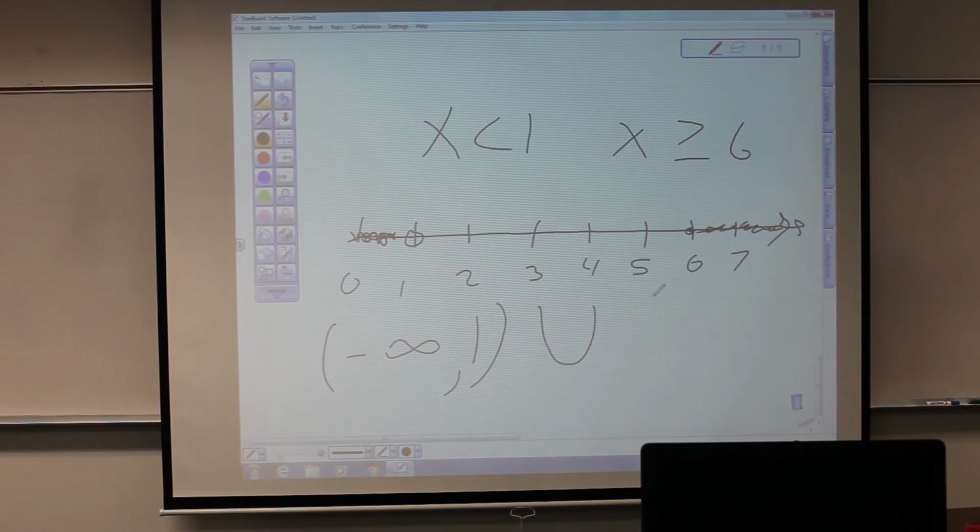Now, I've got a 6, and a bracket, because it's greater than or equal to. And then all the way to infinity. Same rules apply with infinity as negative infinity: parentheses. Okay, we good?